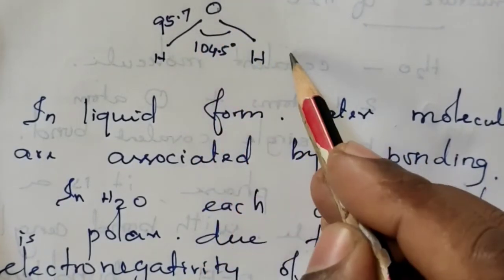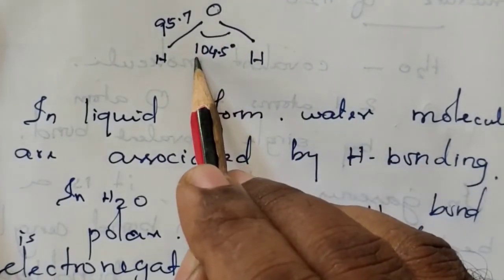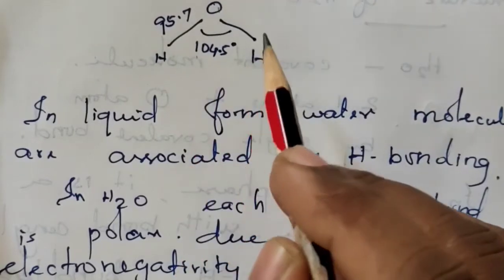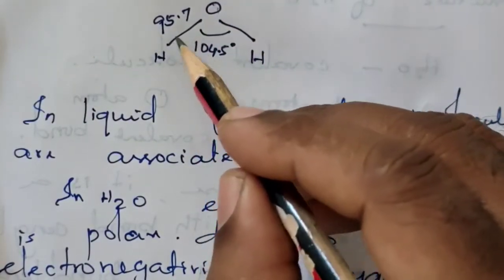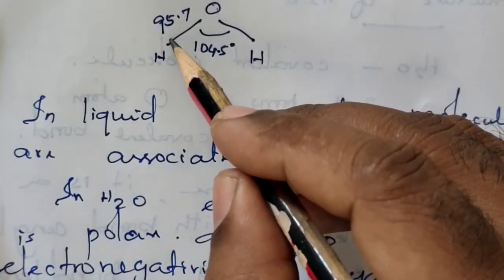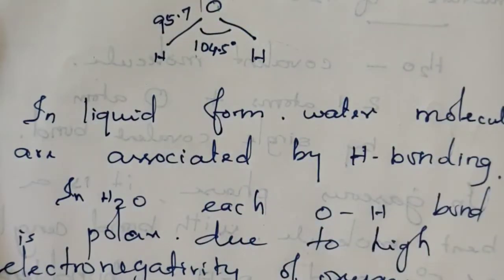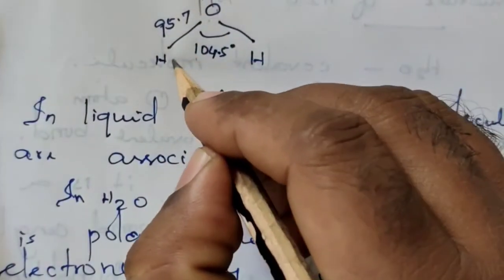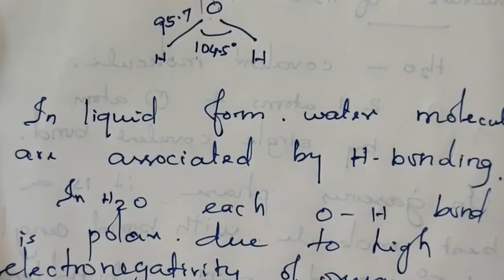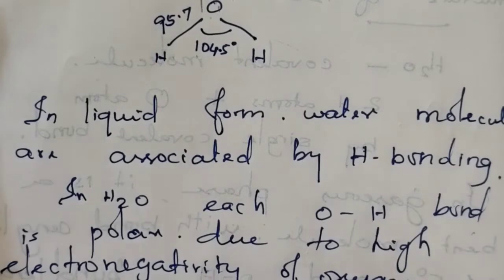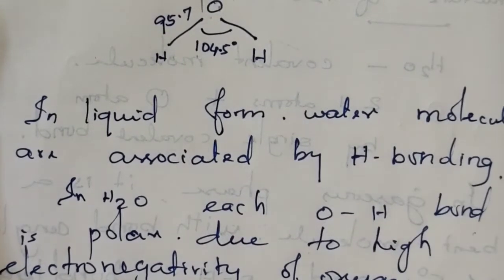It is a bent shape with a bond angle of 104.5 degrees, and the OH bond length is 95.7 pm. In water, each OH bond is polar due to the high electronegativity of the oxygen atom.